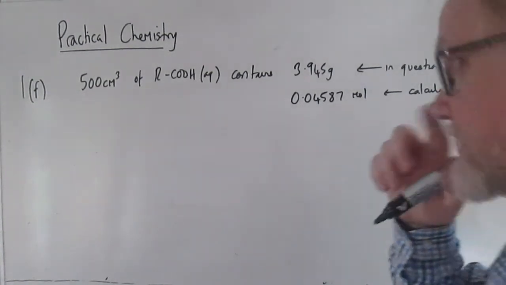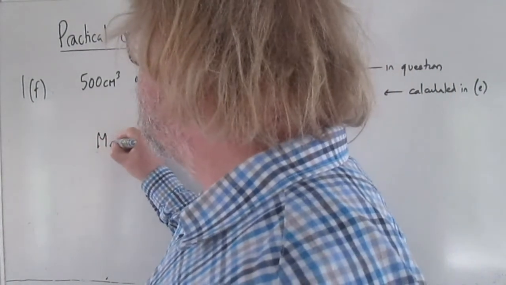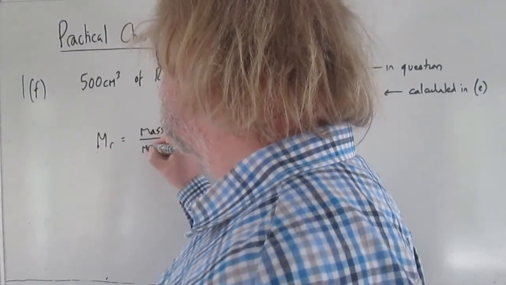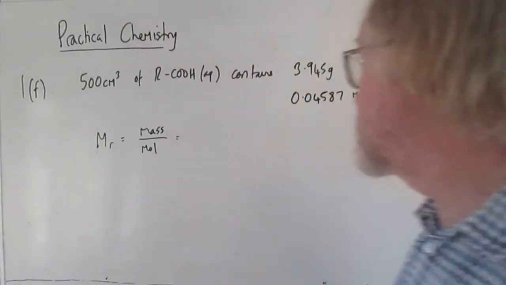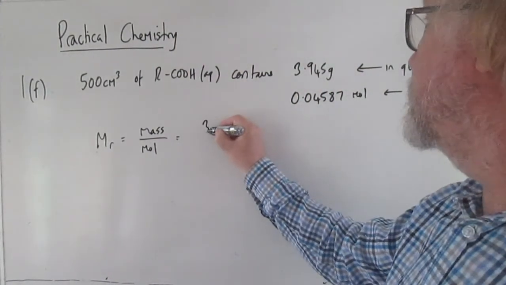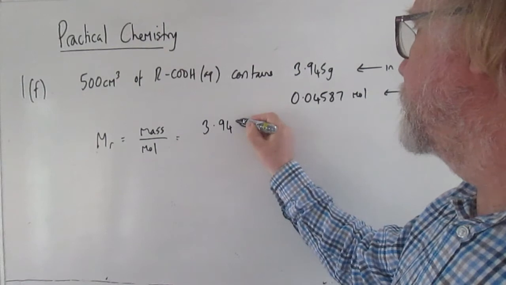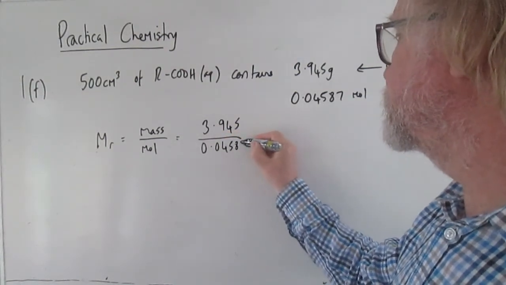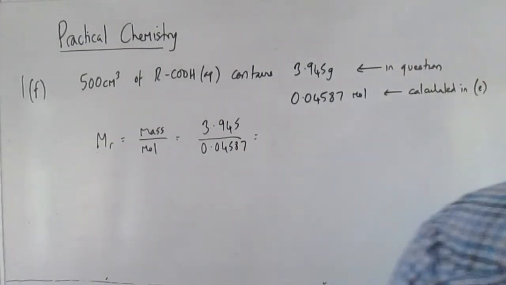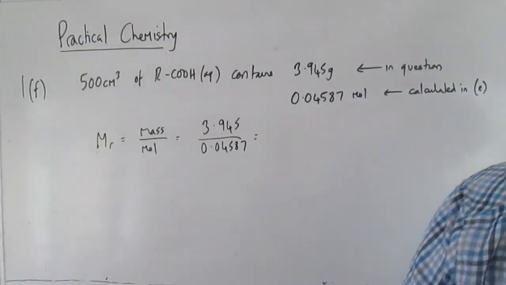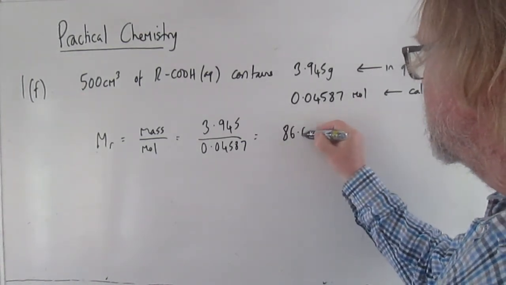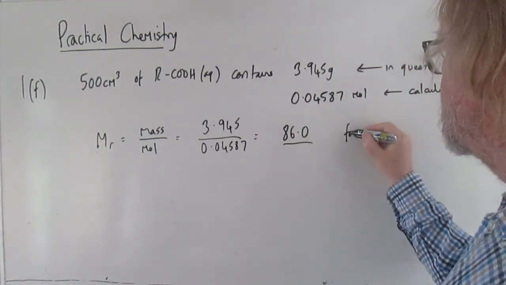So that's the starting point, so we can write down our relationship: MR is mass over moles, and then we just straightforwardly put those numbers in. That's 3.945 divided by 0.04587, and that works out as 86.0 for RCOOH.